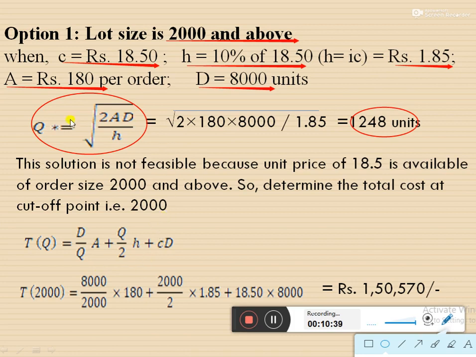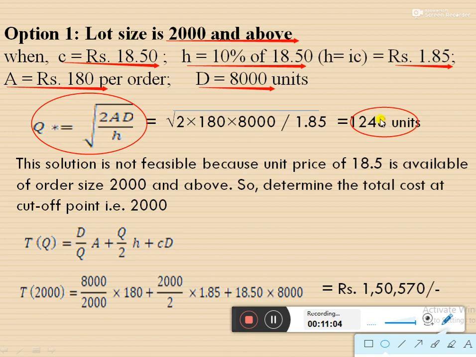Now remember that this economic order quantity is not feasible, because the unit price of 18.50 is available only in the case in which the order size is greater than or equal to 2000 units.